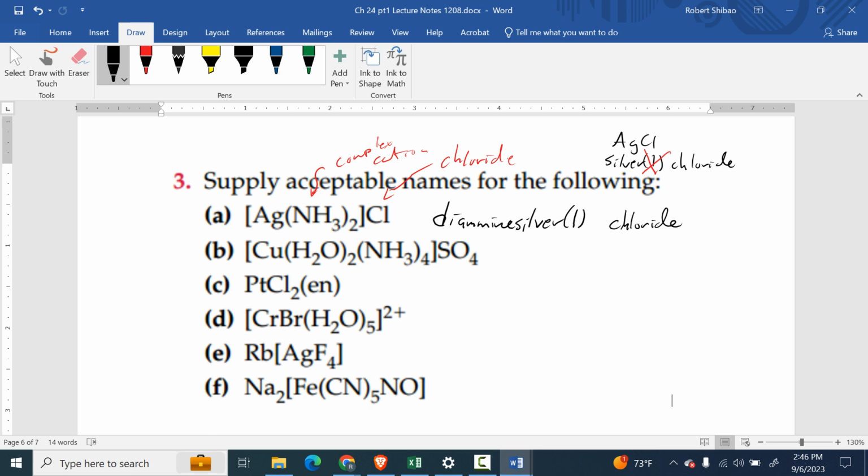What's this anion called? SO4 is called sulfate. What's the charge on sulfate? 2-. So this whole complex must be 2+, to balance out the charge. So if we have a 2-, we need a 2+ to balance the charge.